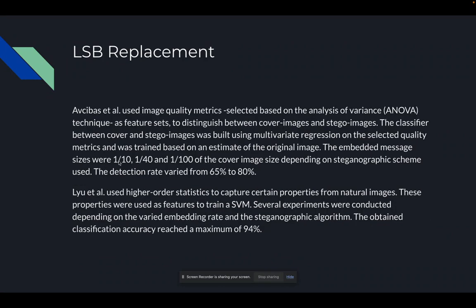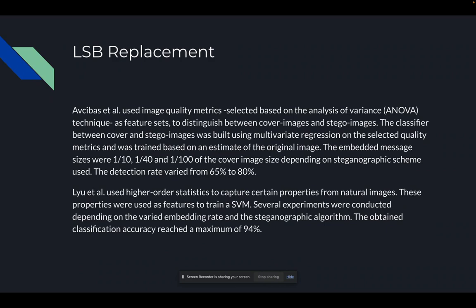In more work on LSB replacement, Avcibas and other researchers used image quality metrics selected based on an analysis of variance, or ANOVA. This technique provides feature sets to distinguish between cover images and stego images.